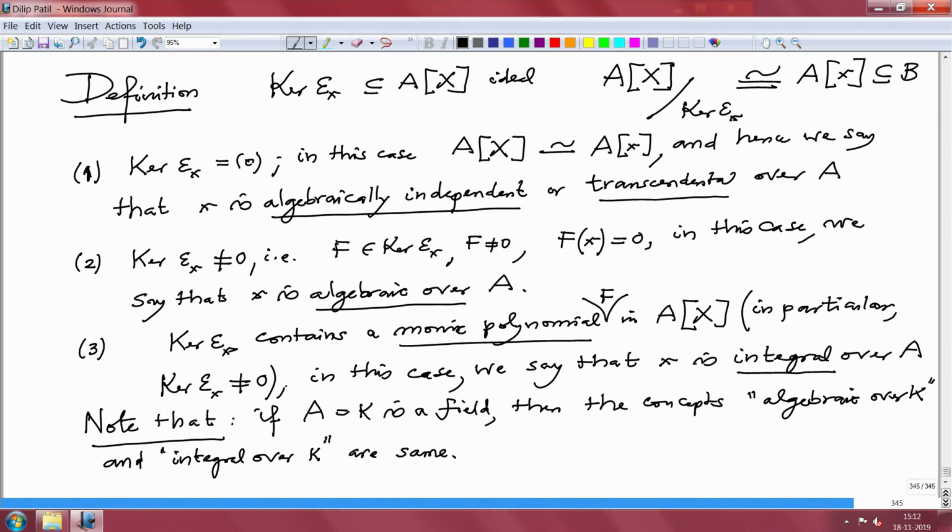But if the base ring is not a field, then both these concepts are not equivalent.